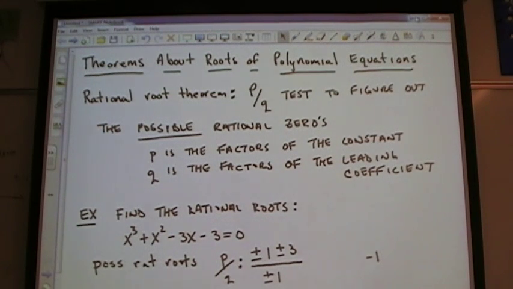That's P over Q, P divided by Q, to figure out the possible rational zeros. P is the factors of the constant, Q is the factors of the leading coefficient.